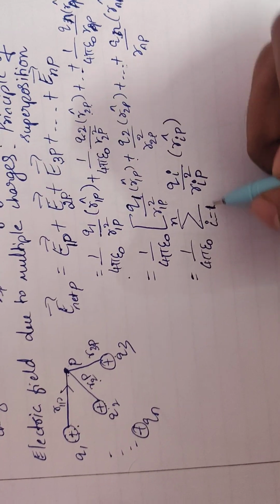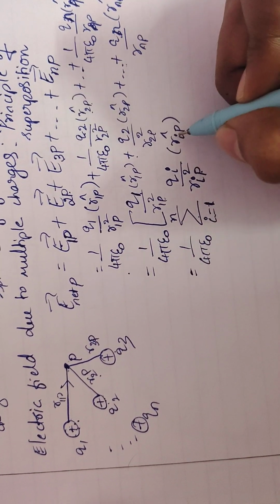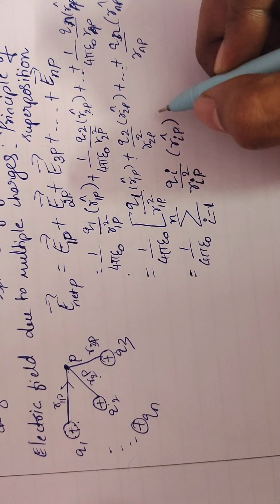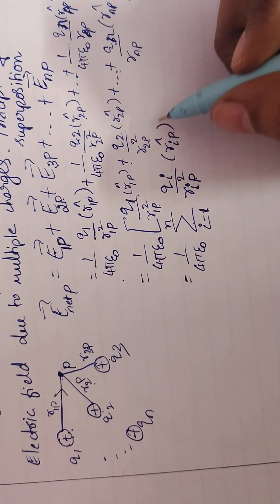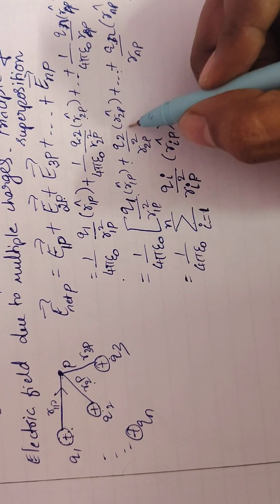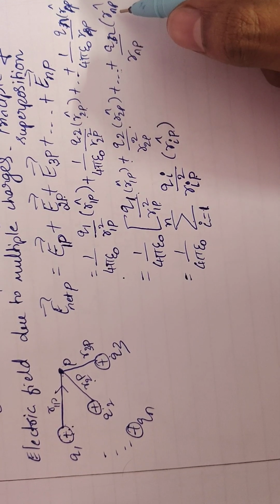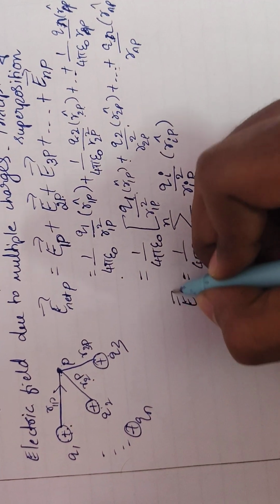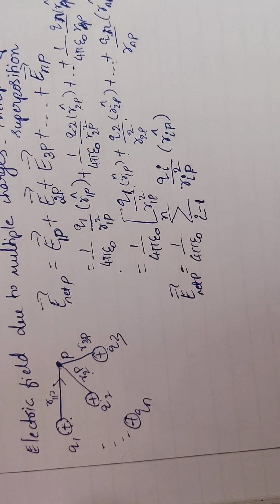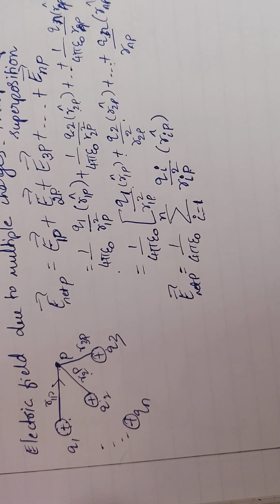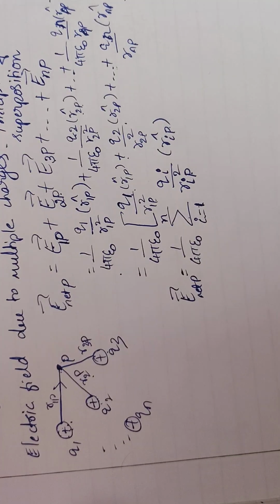First term will be I equal to 1, q1 by r1p square r1p cap here. Next will be plus, I starts from 1 and it goes on till n. So then you will substitute in place of I to write the second term, go on till the nth term. Okay, so this is the net electric field at point P. Fine. I hope I'm clear in explaining this topic.